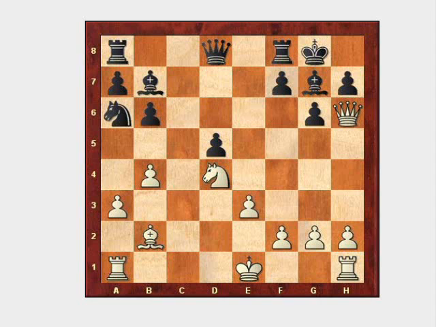Another way is by using the so-called long-term memory, and that has to do with recognizing patterns. If you would have recognized the mating pattern with the knight on h6 and this bishop taking care of the diagonal, then you would have recognized it on this diagram as well.